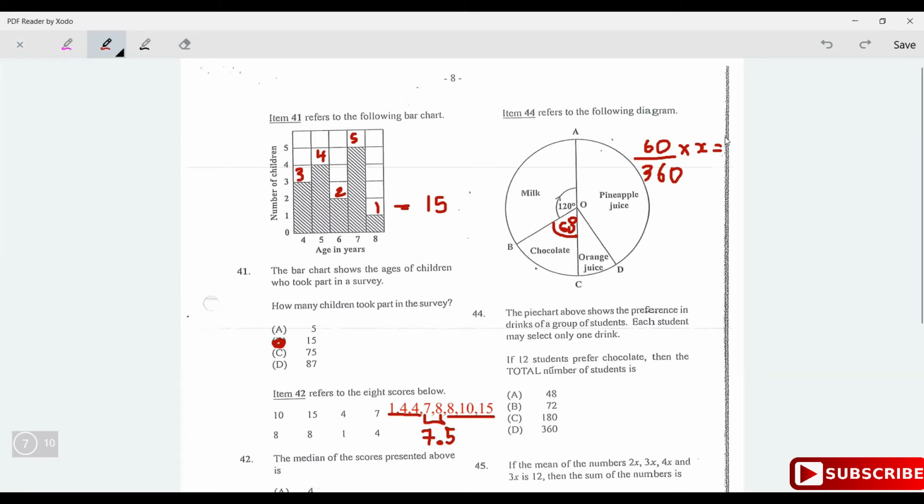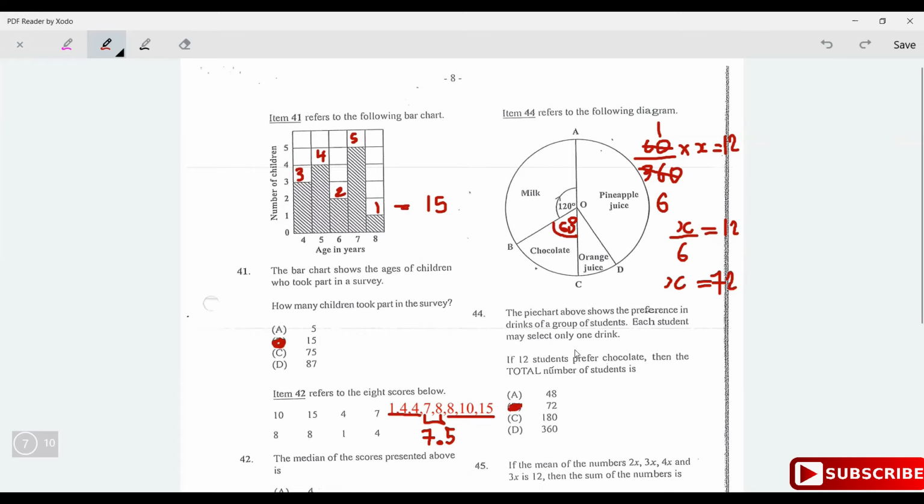Now 60 over 360, 60 goes into itself 1, 60 into 360 goes 6 times, and so 1 times x is x, and so x over 6 is equal to 12. And so if we work it out, then x is equal to 72, because 72 divided by 6 is 12. So the total number of students is 72.